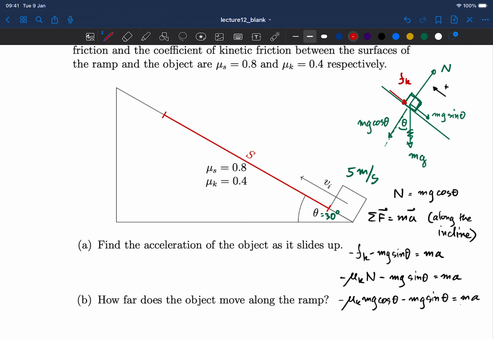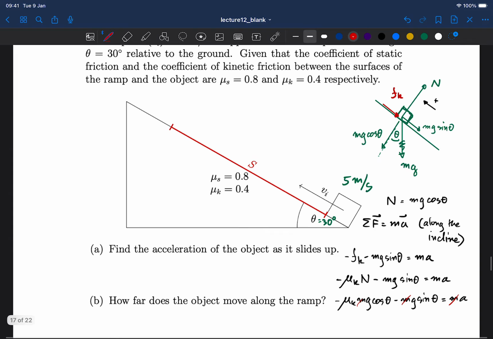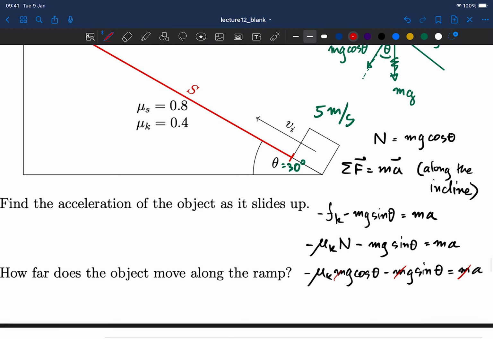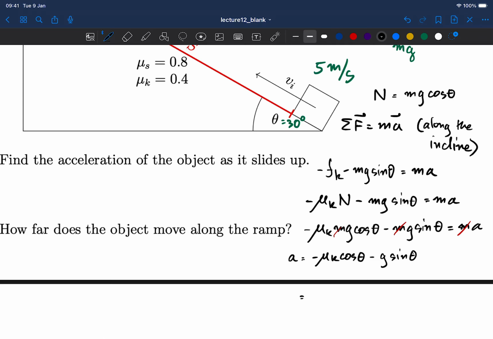And you can cancel out all the mass. So actually the problem doesn't even need to give you the mass because it cancels itself. So the acceleration is minus mu k cosine minus g sine. And if you want to put in numerical values, it's minus 0.4 times cosine of 30 degrees minus 10 meters per second squared from g times sine 30 degrees.